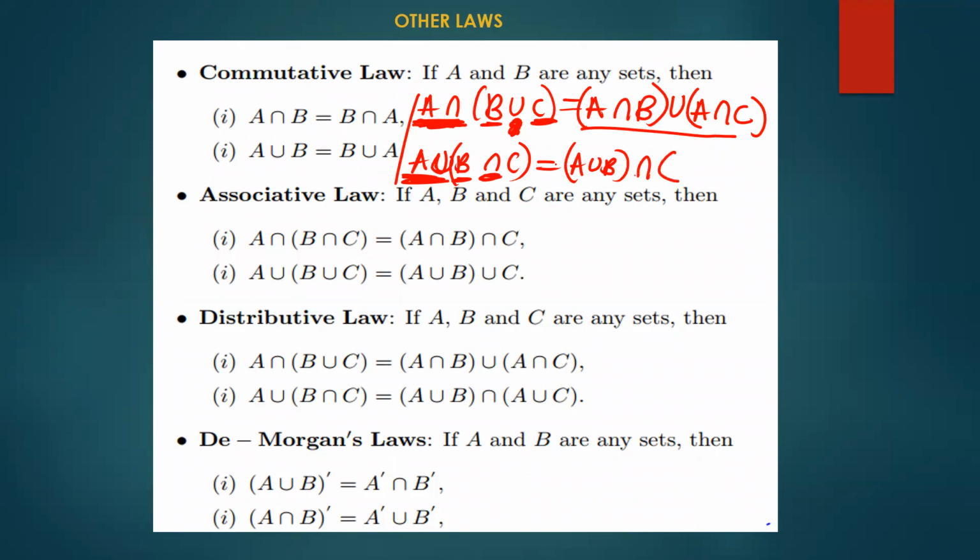And then we open the brackets, you get this same A union, and then you put it together with C. And this means that we have distributed the sets. This is basically how you deal with the distributive law of sets.